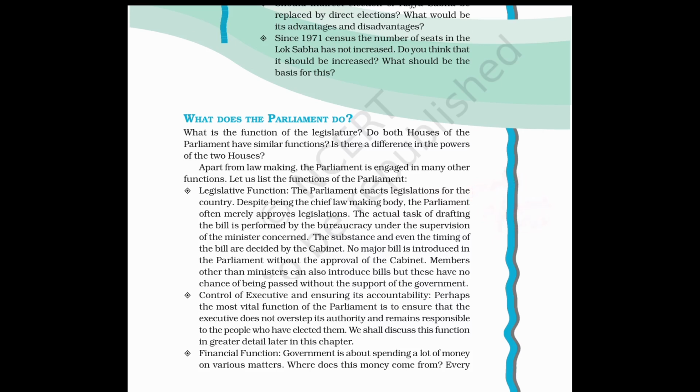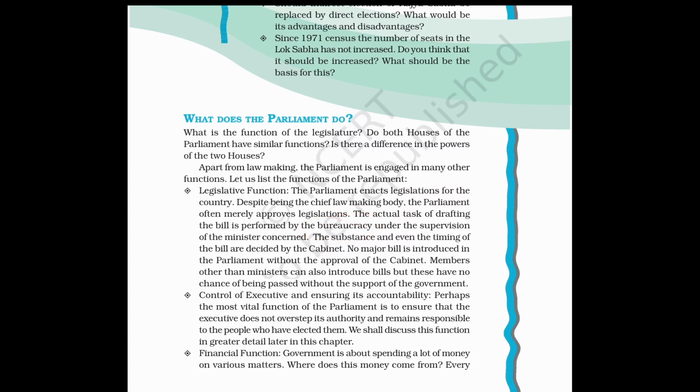Although we call it a law making body, the reason is, and you will understand this more when you do the next topic of executive, but for the time being, just understand. On one hand, you have this body where your legislatures are, and from amongst them you will have the selected ministers who will form your government. On the other hand, you also have what you call, and what you are preparing for, the bureaucracy, the civil servants.